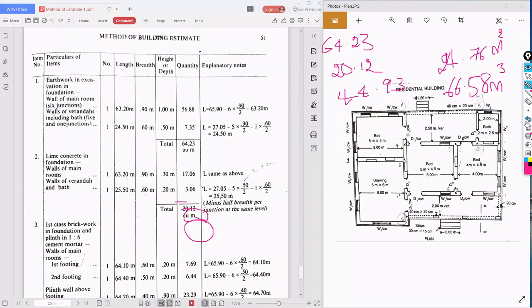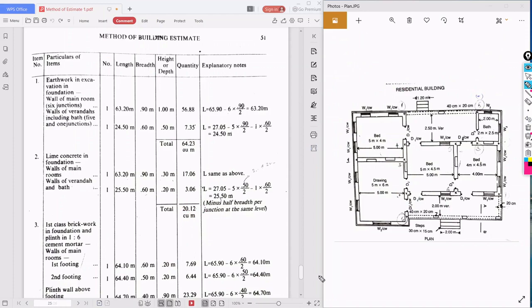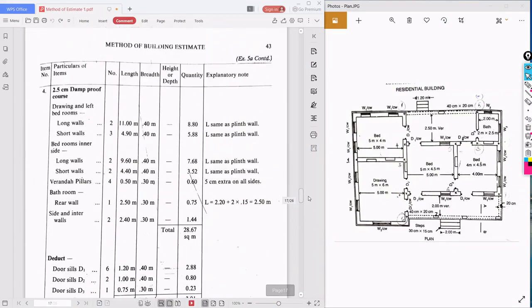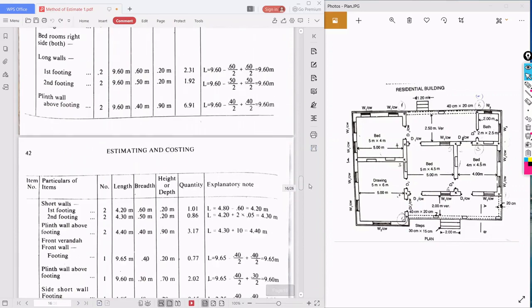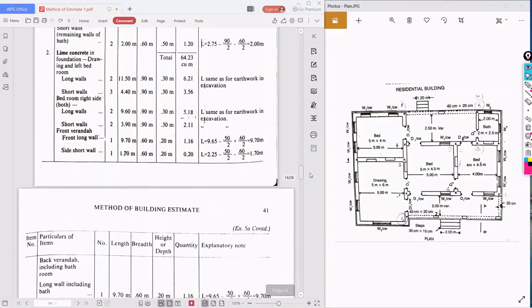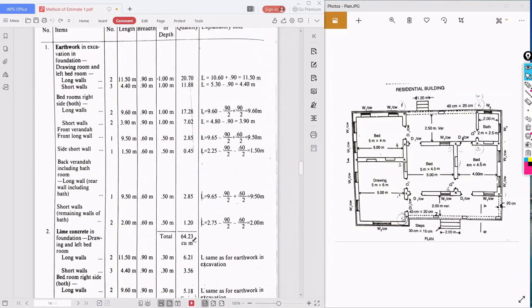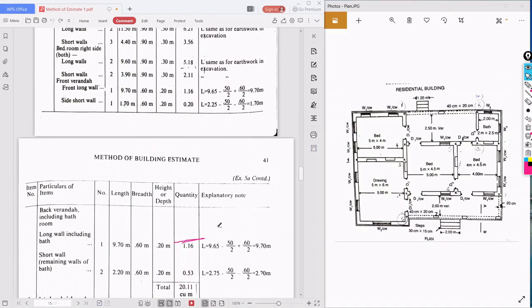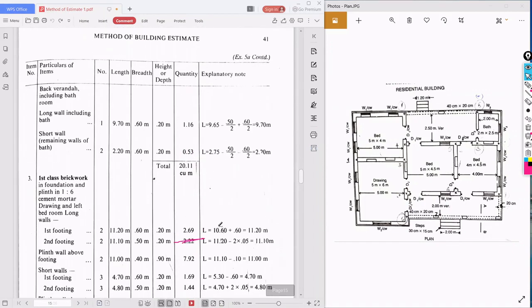Now we will verify with the long wall and short wall method. Earthwork, what is the quantity we have got? 64.23, yes it is the same. Next, 20.11 is for lime concrete.